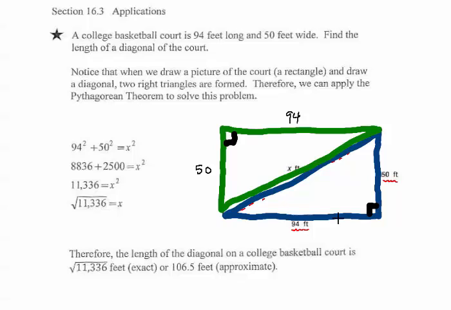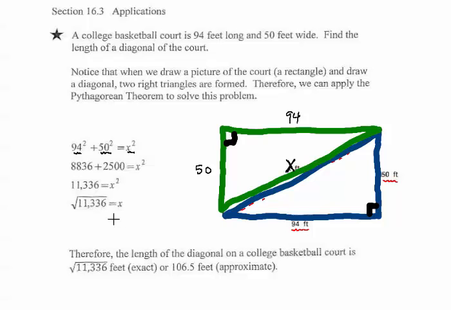Well, you only need one of them, and you see that in order to answer the question, we've labeled our hypotenuse in either case as x, and you square the two sides, 94 squared, 50 squared, and that equals the hypotenuse squared. In this case, we used x instead of c.